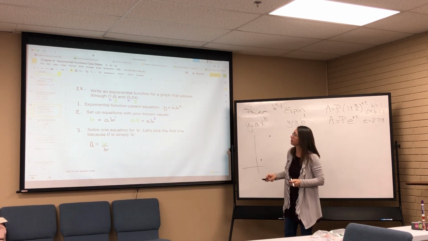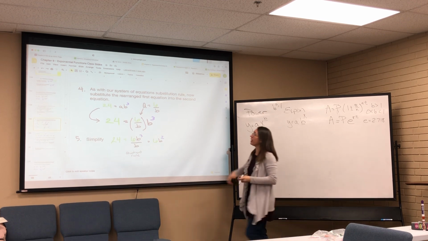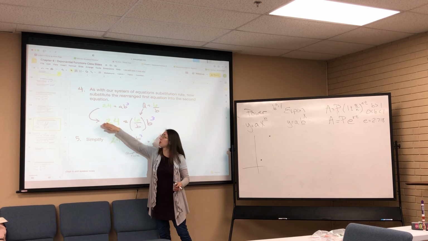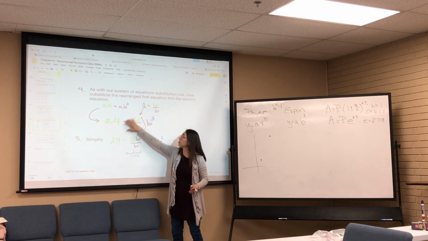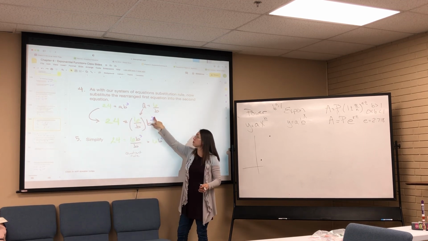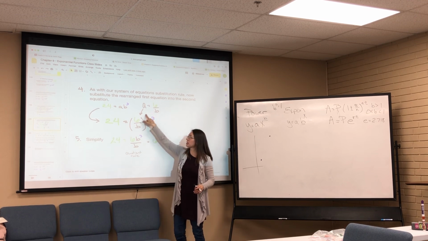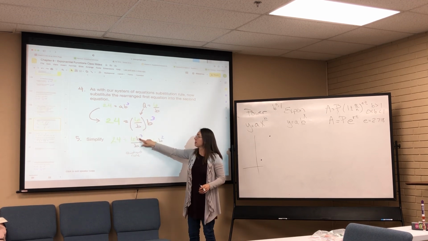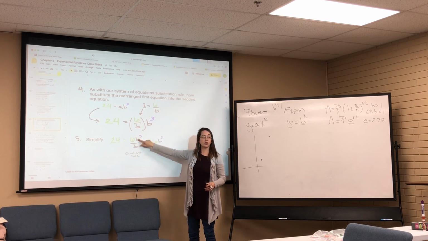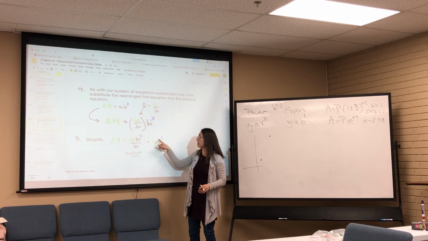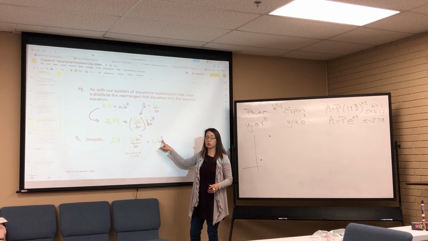Everyone following? Okay. So if a is 6 over b, I'm going to take it, plug it into my second equation. I've got 24 equals 6 over b times b cubed. Now we just get to simplify it. We can use our quotient rule, right? We've got b cubed divided by b. 3 minus 1 is 2.